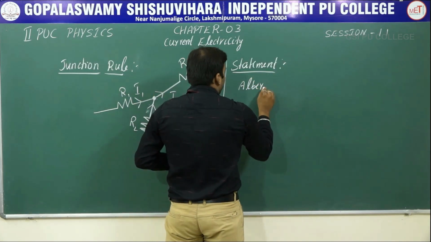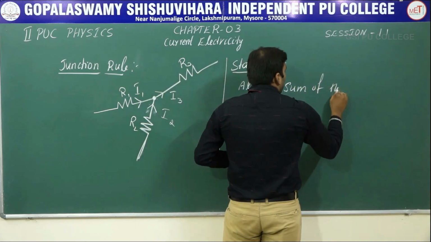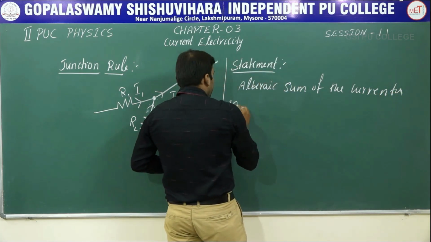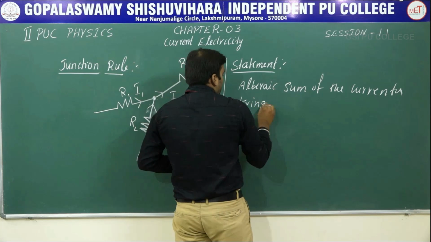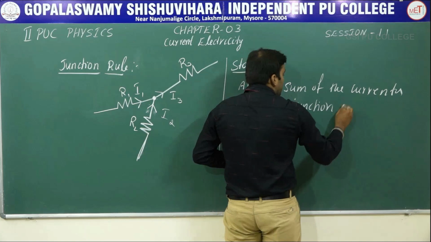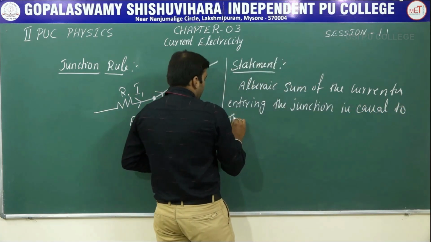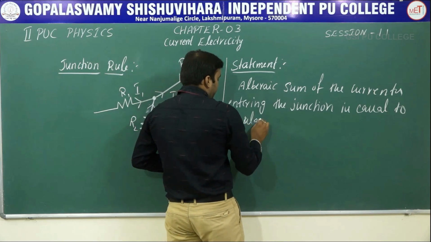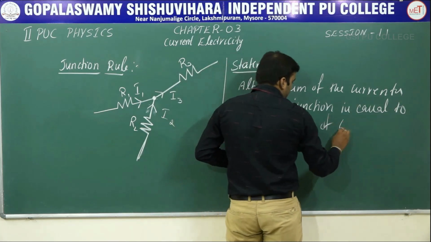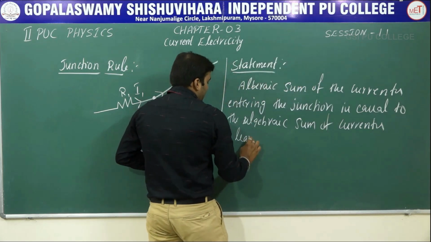The algebraic sum of the currents entering the junction is equal to the algebraic sum of the currents leaving the junction.